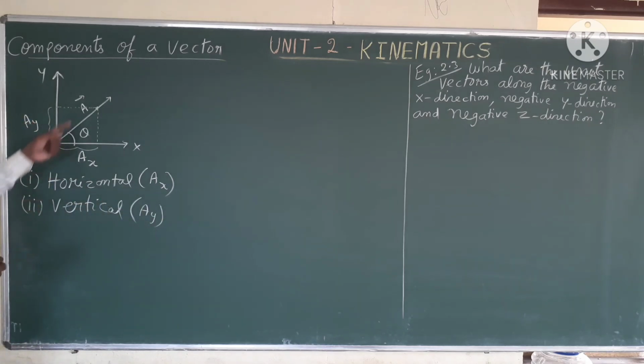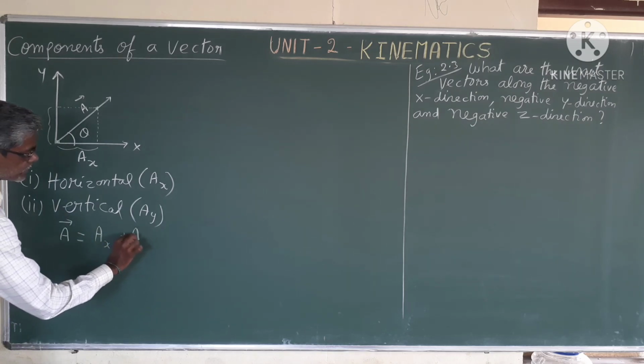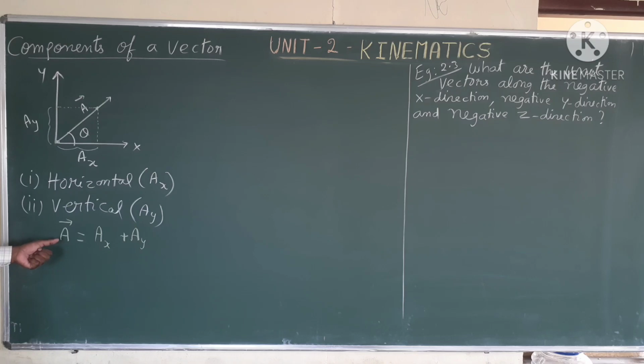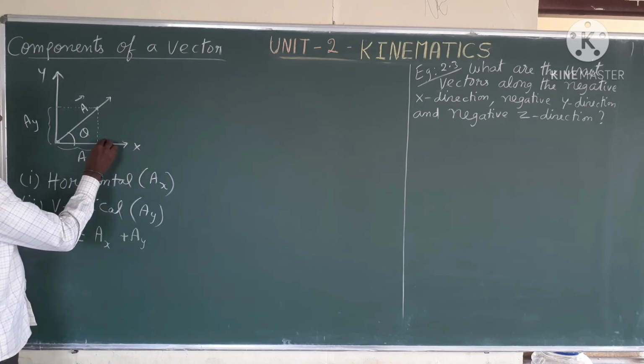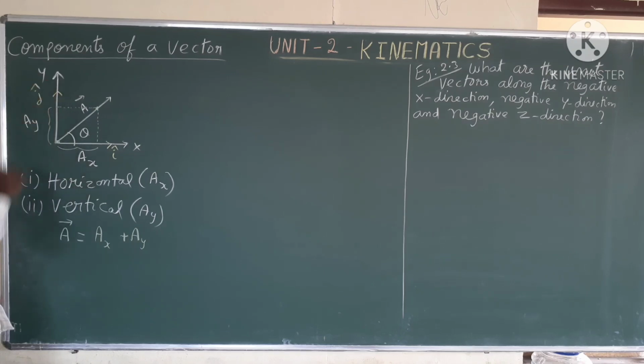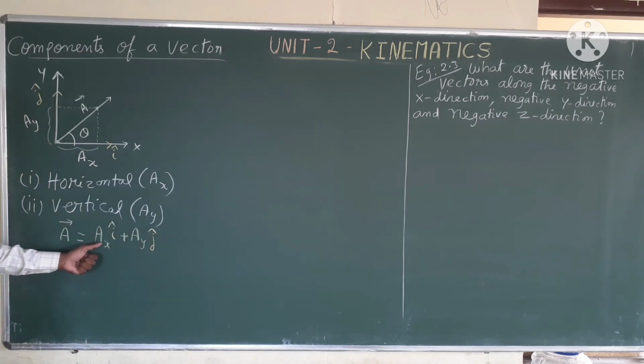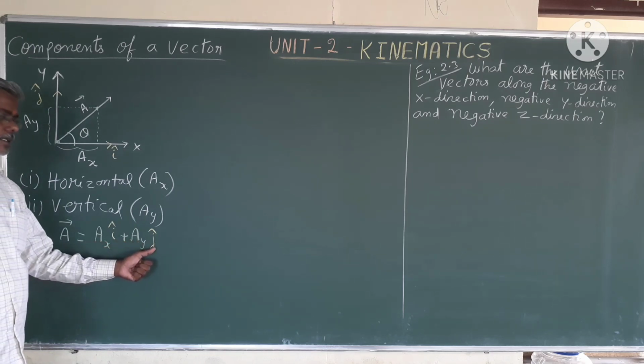Now if I want to find out the position of this, I will write a vector is equal to ax plus ay. But here a is vector quantity, but these two are scalar, that is magnitude. So this should be in the form of vector. So this x-axis will have what? Unit vector i. Like y-axis will have the unit vector j. So now a vector is equal to ax i vector plus ay j vector.